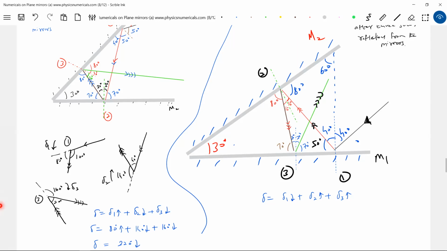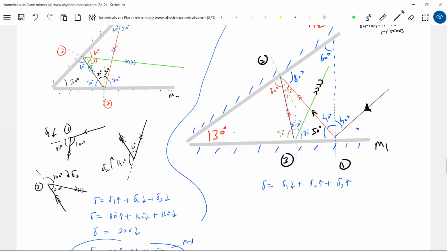Similarly to this, I can help you with a set of diagrams. The ray 1 extends here. After reflection, it will become like this. So this is the deviation delta 1. So this angle is how much? 80 degrees. So what is the deviation?